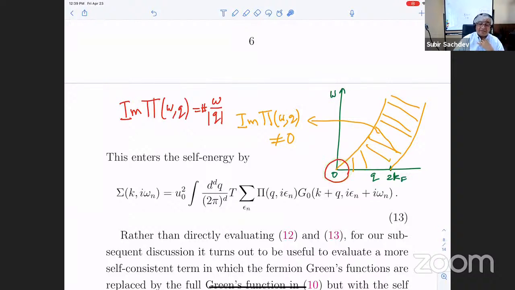Okay. So if I'm only interested in this part, then I don't have to go through all that laborious song and dance I went through to compute Pi very accurately everywhere. I can just compute it very quickly and get the correct answer for certain contributions. Those are the ones that are important at low energies, which is the imaginary part of Pi at small q.